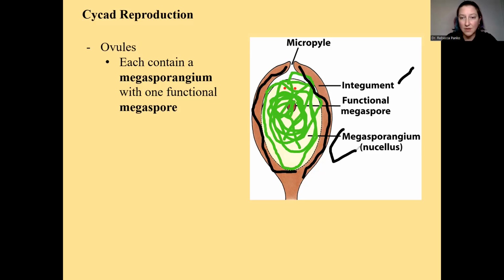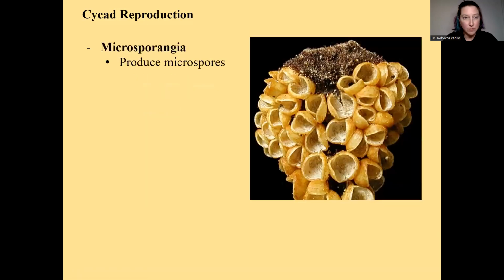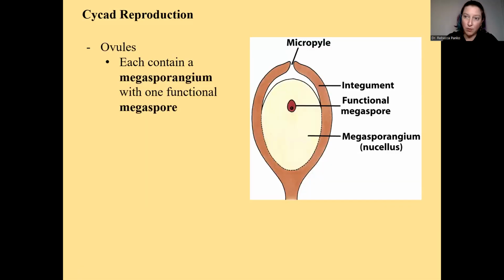And then eventually sperm will arrive via the pollen grain, which is where we're going to get to in a few minutes. Pollen grains will be able to enter through this hole called a micropyle, and they will bring the sperm to the egg inside.